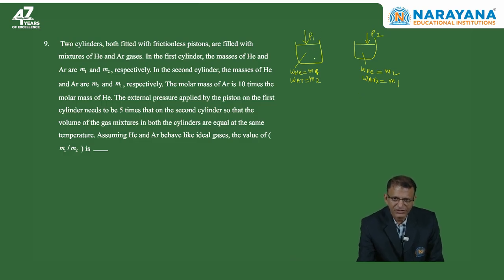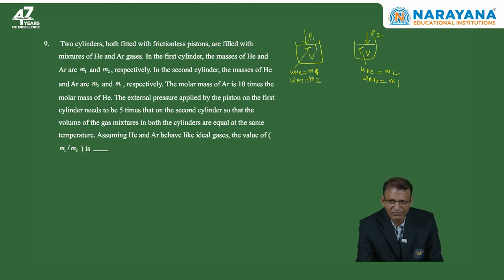It is mentioned that the volume of this container and this container is the same, and the temperature is the same. But they mention that the external pressure applied by the piston on the first cylinder needs to be 5 times.